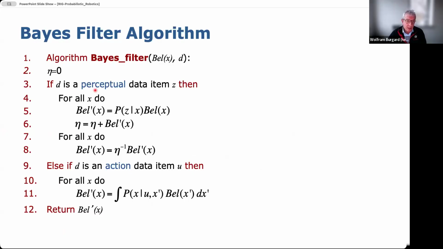Whenever we obtain a measurement, and this doesn't even need to come in a synchronized fashion, we multiply the belief by the likelihood of this measurement in order to obtain this term bel prime. And now we are doing this normalization trick here.